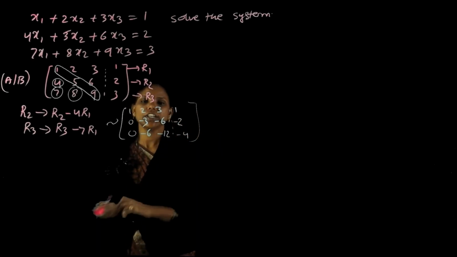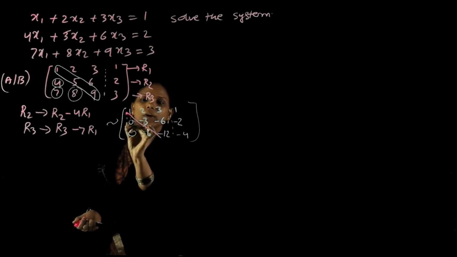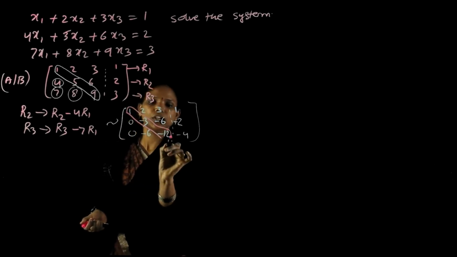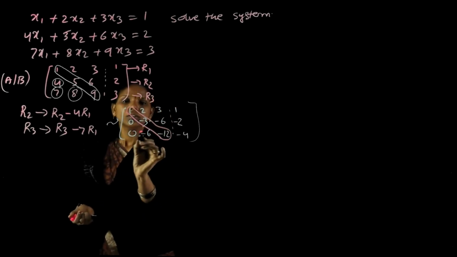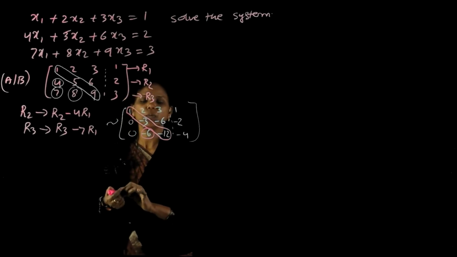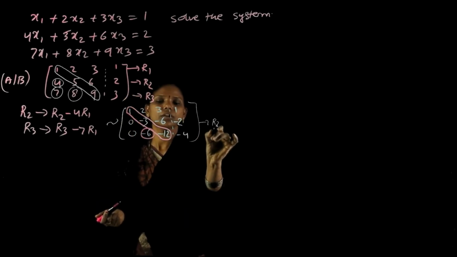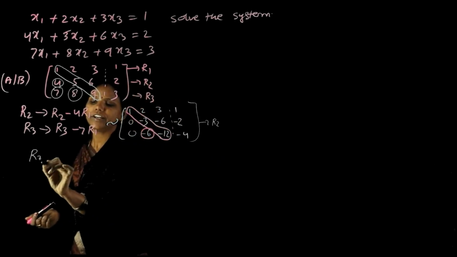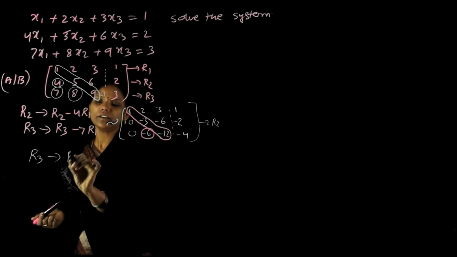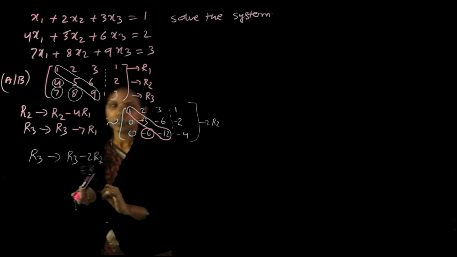Again you check whether the elements below the principal diagonal are zeros or not. So one non-zero element is here. We have to make that element also 0 by using R2. So R3 minus 2 into R2.